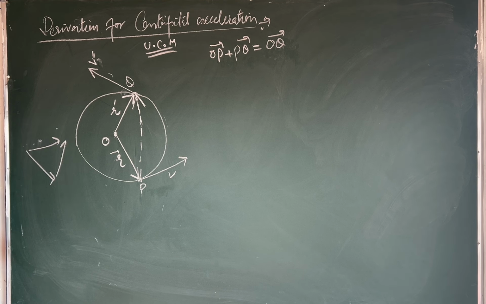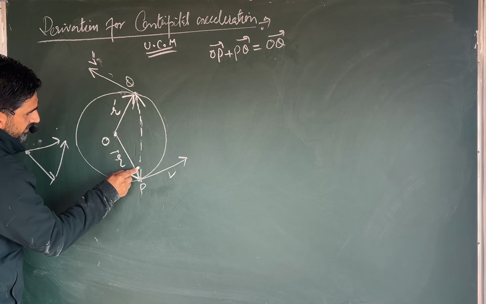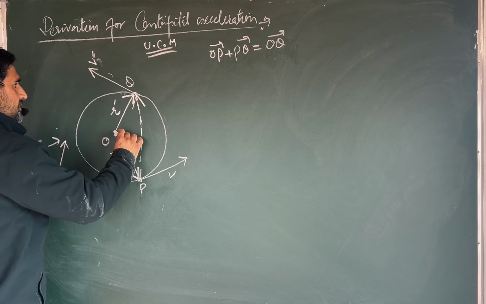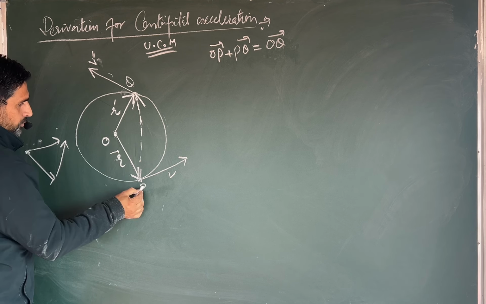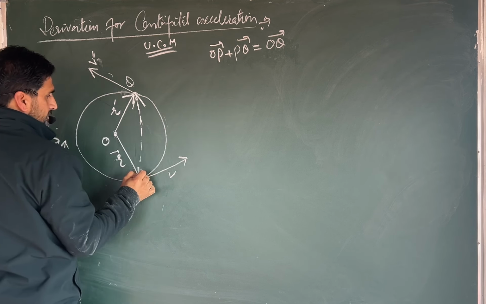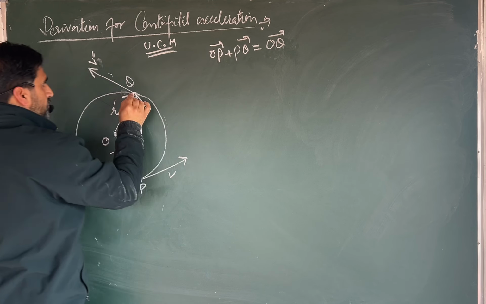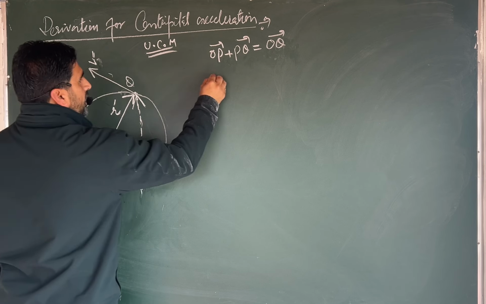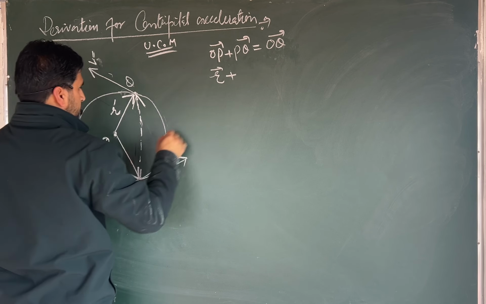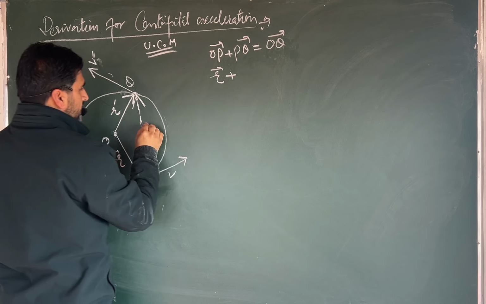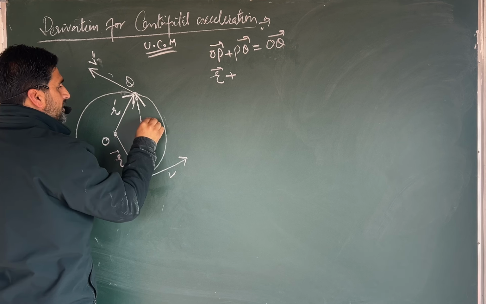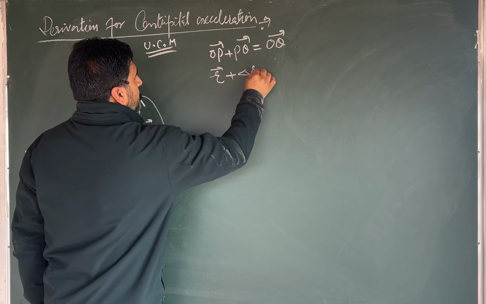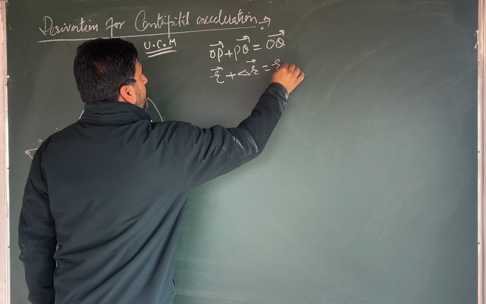Using the triangular law of vectors, the tail of the first meets the head of the second. So this is one vector, this is another vector, this is this. So I write OP plus PQ is equal to OQ. OP is equal to R, PQ is the change in displacement, delta R, and OQ is equal to R dash.